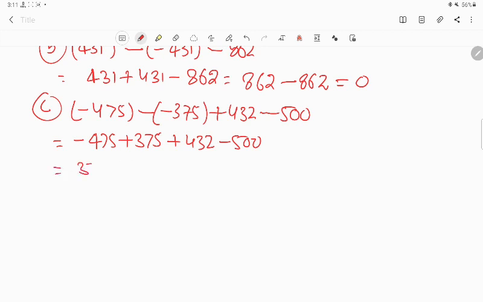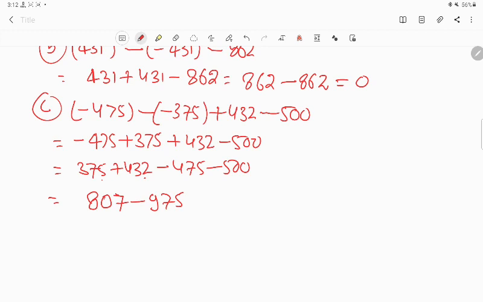Positives add together, 375 positive, 432 also positive, minus 475 minus 500. Add this, 807, and the negative numbers also add, that is 975.